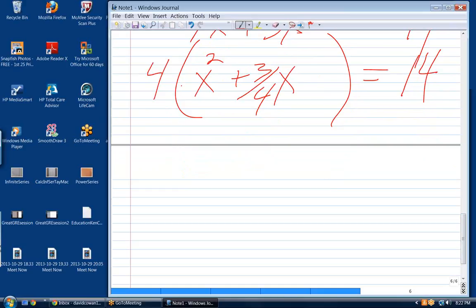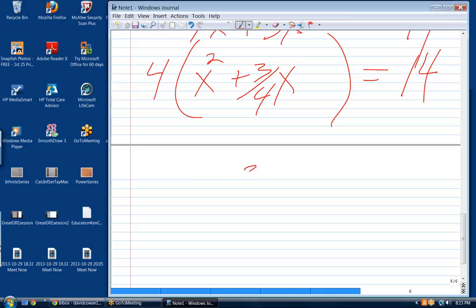Remember, once we get it in this format, our whole goal is to complete the square so that I can represent this as x plus something squared. So how do I complete the square again? What do I do with this coefficient? Divide it in half.